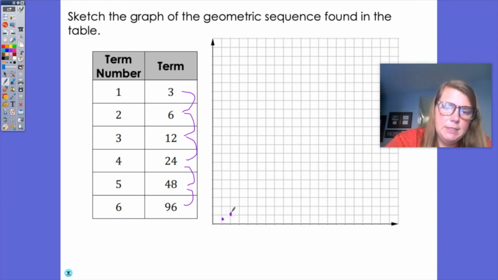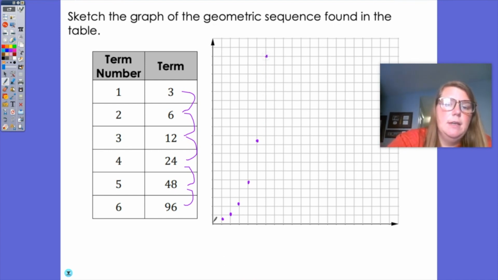Second term is 6, which would be about there. Third term is 12. Fourth term is 24, about there. Fifth term is 48, there. And then my sixth term is 96.